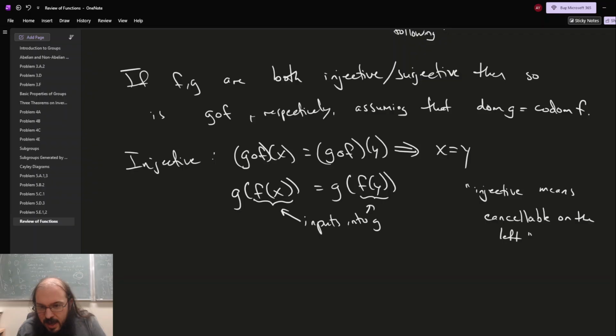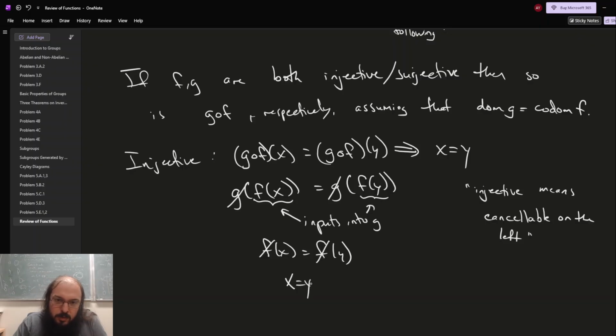Crucially, when I say it's cancelable, I only mean it's cancelable on the left like this. So we can cancel this, and now we have f of x equals f of y. But we just talked about this, right? Now we're in exactly the same situation, except we're talking about f. And we assumed that both f and g are cancelable. So again, the same argument tells us that x equals y. This is what we wanted to prove.